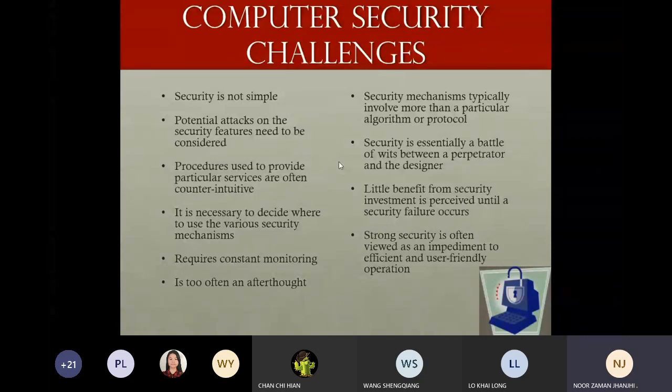Sometimes we try to escape from security just for minor monetary benefits, and that actually results in a very heavy cost if a security attack happens. So these are all the challenges we have to address in security.